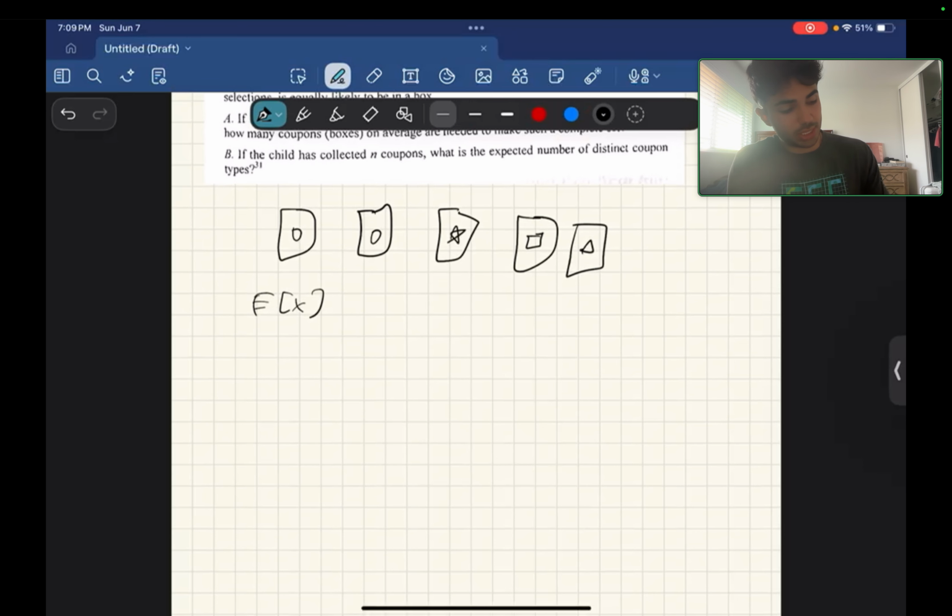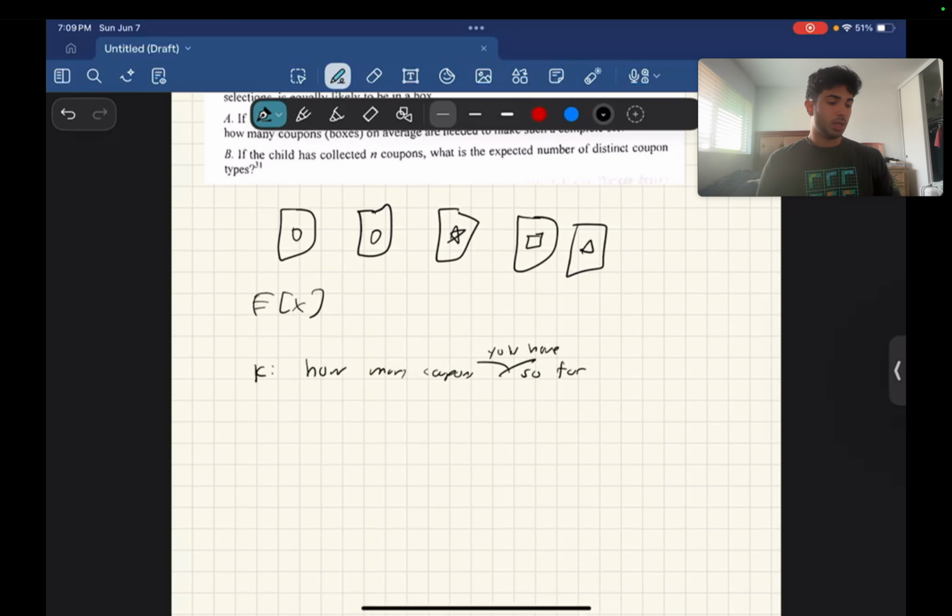So we're going to break it down coupon by coupon. K is how many coupons you have so far.